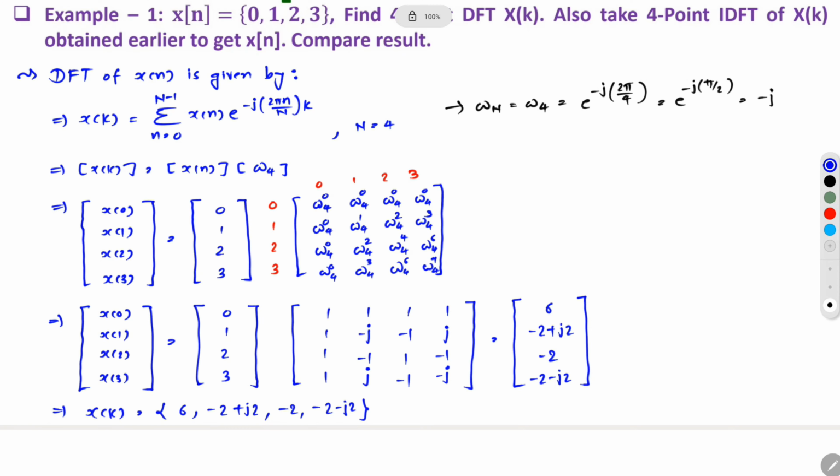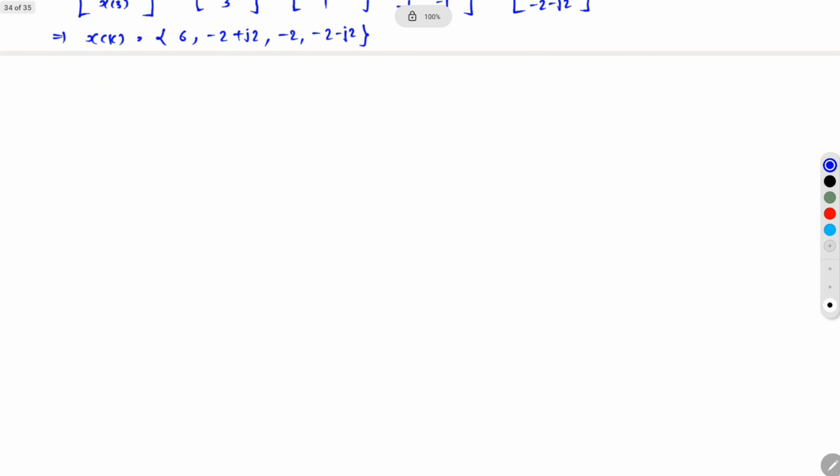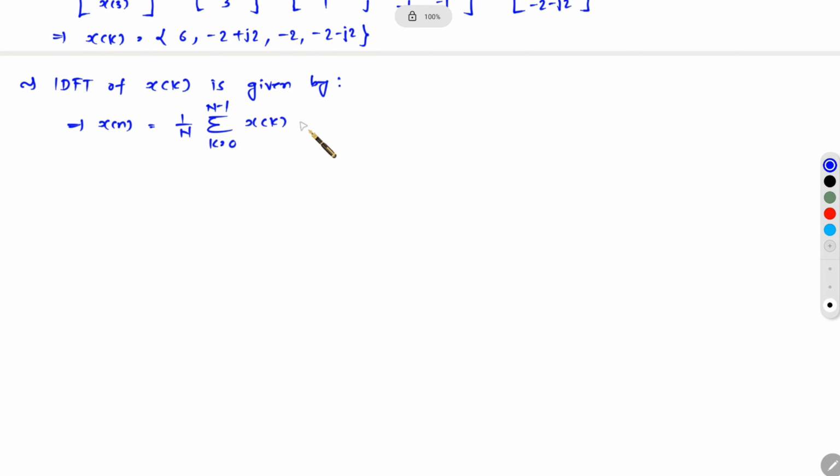Right. So now I'll explain the calculation of IDFT. So the equation of IDFT is given by x of n. When you calculate the IDFT of x of k, that results into x of n, and that is 1 divided by N summation, where small k ranges from 0 to capital N minus 1, x of k into e to the power plus j 2 pi k by capital N into small n.